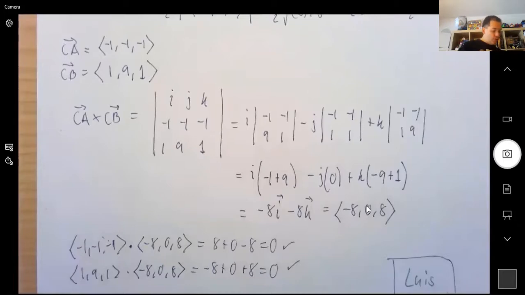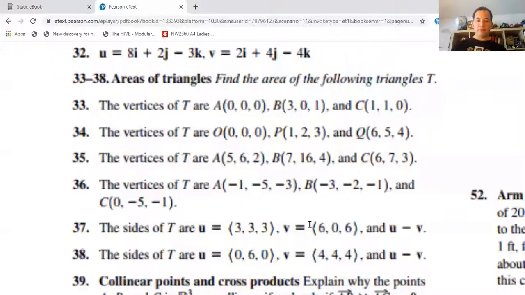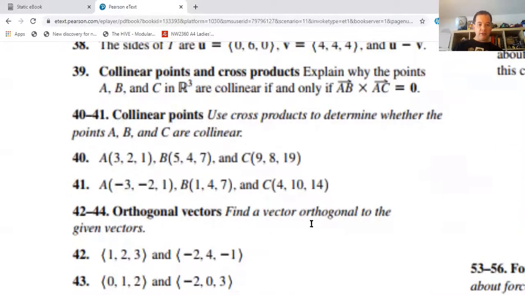Okay, let me do one last problem, and that's another possible use of the cross product, and that is to check. So let me go back to the book. Right here, problem 40, for example, says use cross product to determine whether the points A, B, and C are collinear.